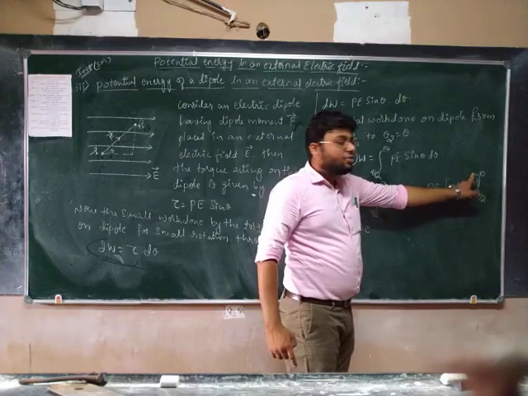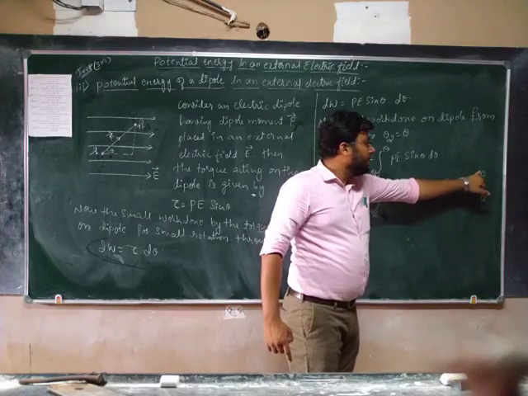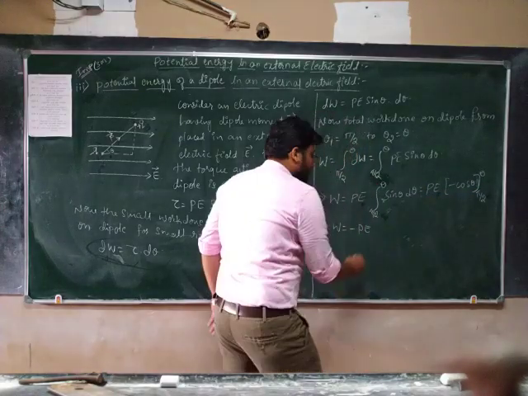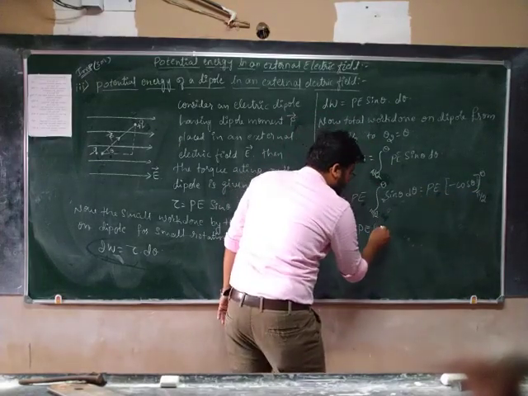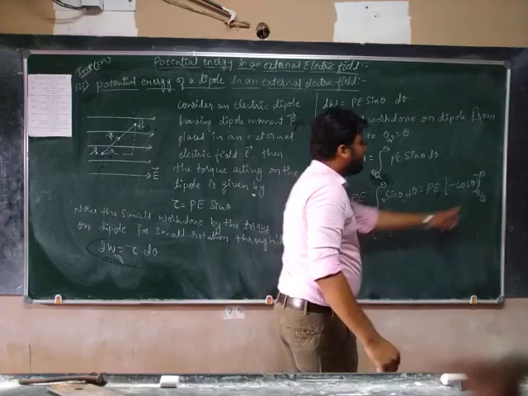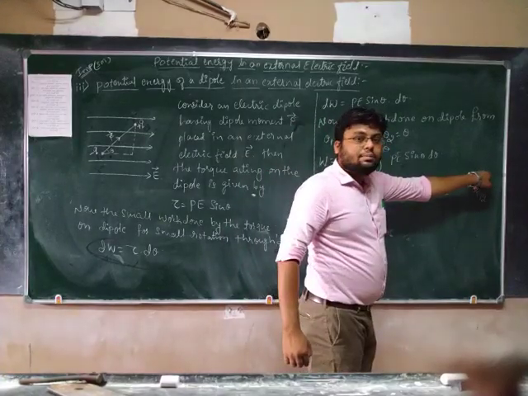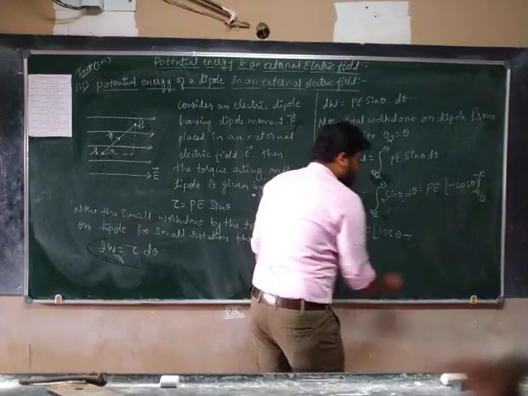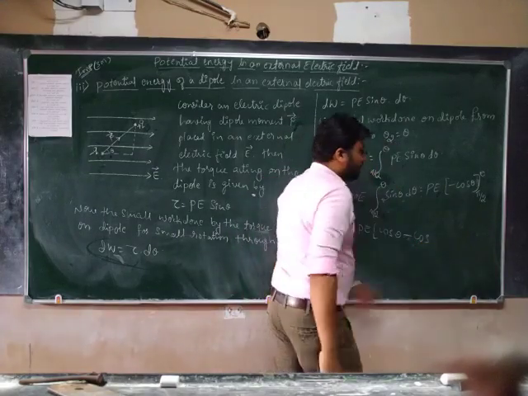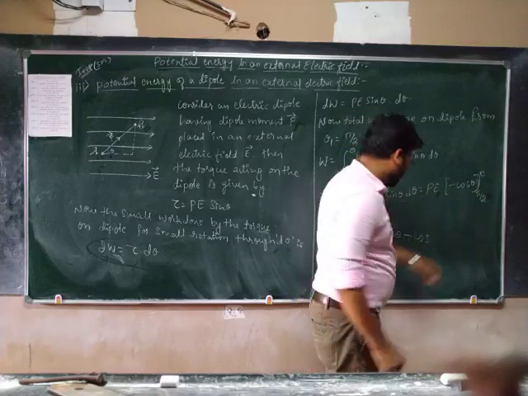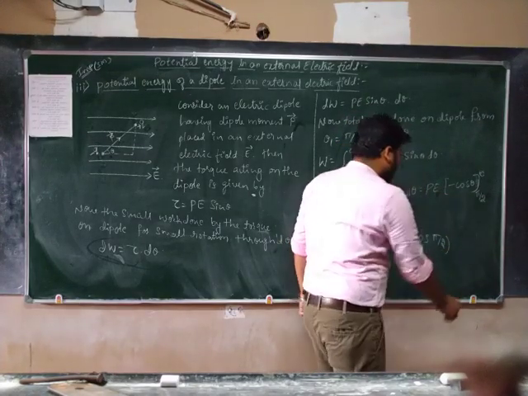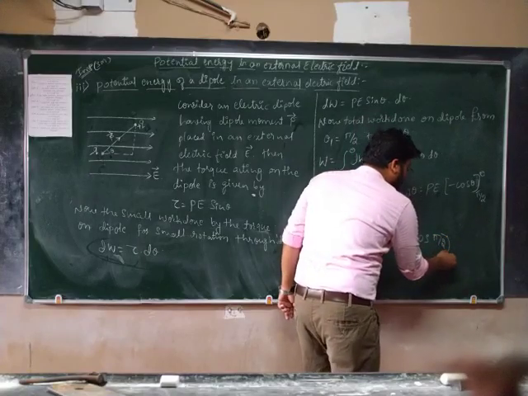Wherever we find theta, first we will apply the upper limit minus the lower limit. So that is cos of theta in the place of the upper limit, cos theta, minus cos of the lower limit, that is pi by 2. What is the value of cos pi by 2?